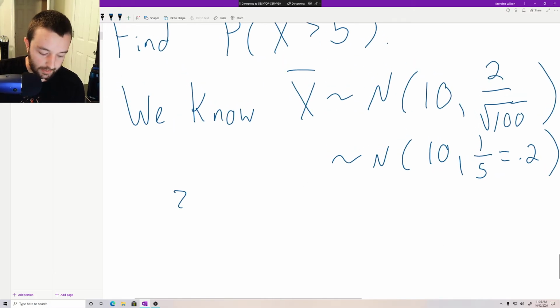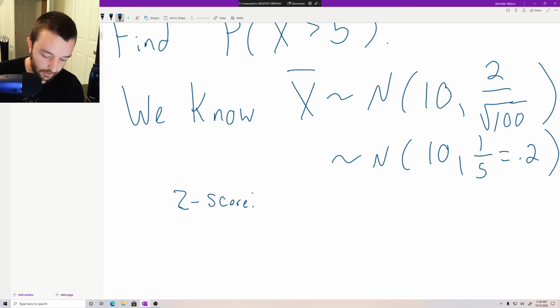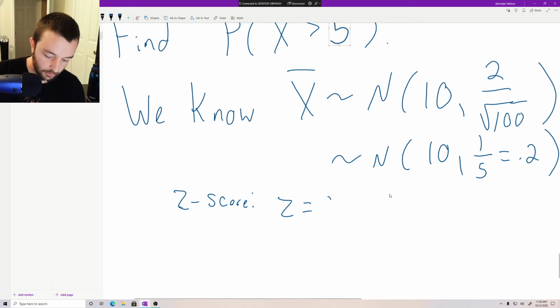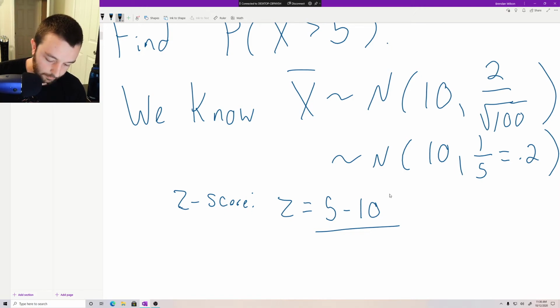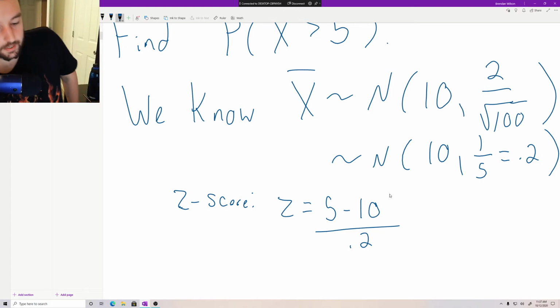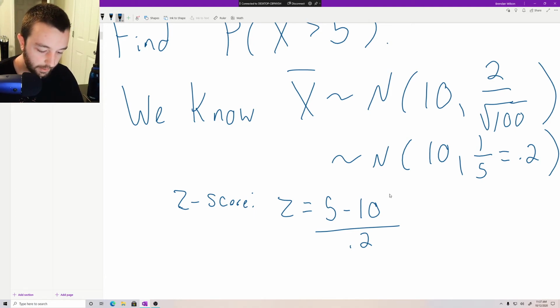So then we would find the z-score. The z-score of x bar would be z, and we're looking for it at 5. So we'd have 5 minus the mean, which is 10, divided by 0.2. So 5 minus 10 is negative 5, divided by 0.2 is 25.